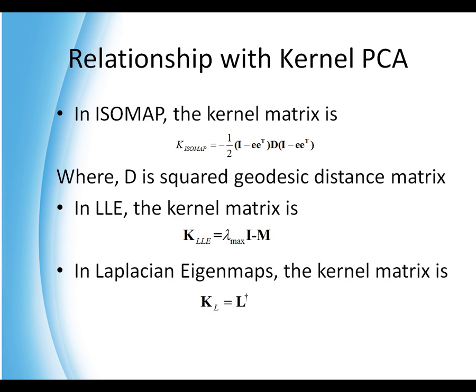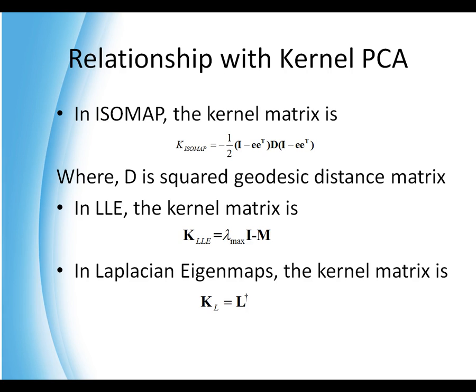Now, all the manifold learning algorithms which we just discussed can actually be represented as special forms of kernel PCA. As you can see in isomap, the kernel matrix looks like a centered form of the matrix D, where D is the squared geodesic distance matrix. It contains all the squared values of the geodesic distances between each point.